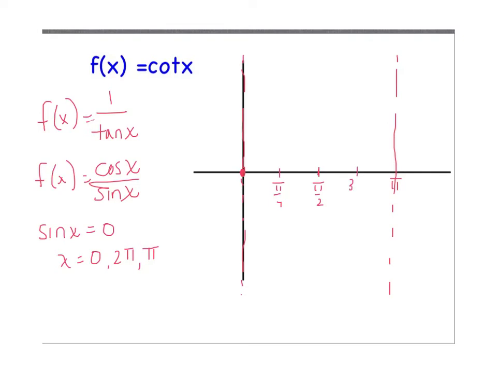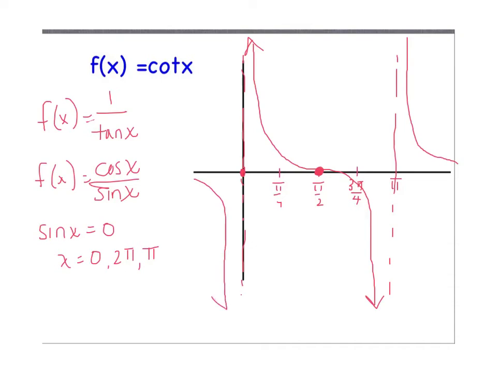So the cotangent of pi over 2 is going to be 0, and cotangent is going to go this way, and also this way, and this way. Okay, so this is the cotangent graph, and it looks very similar.